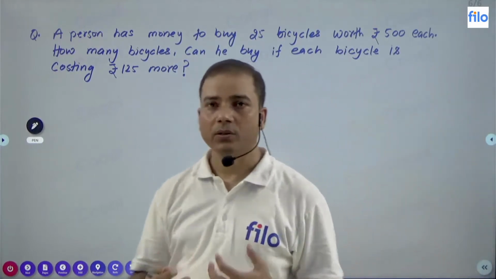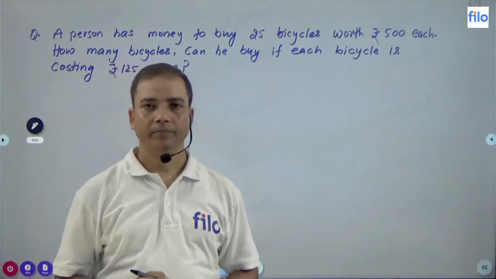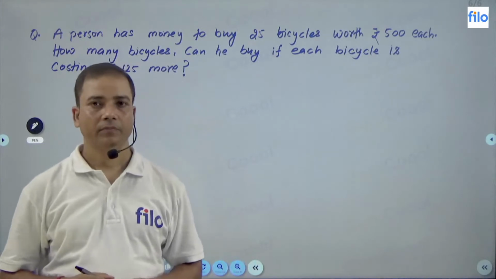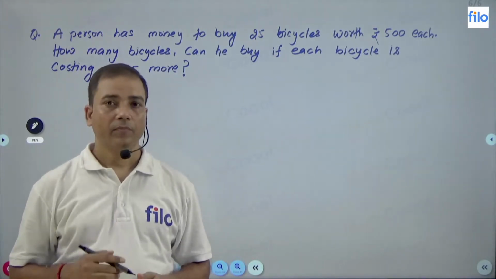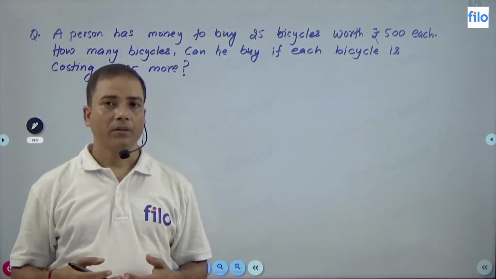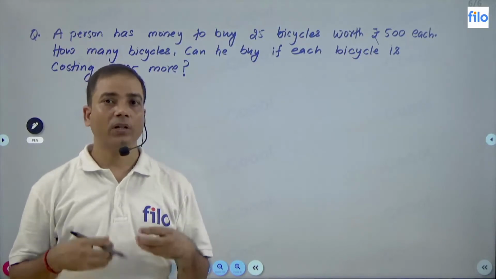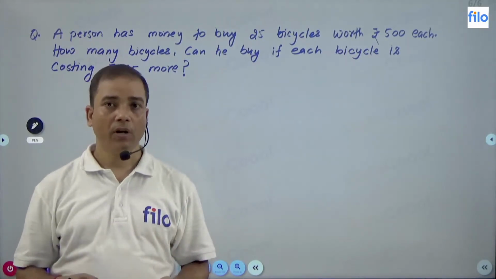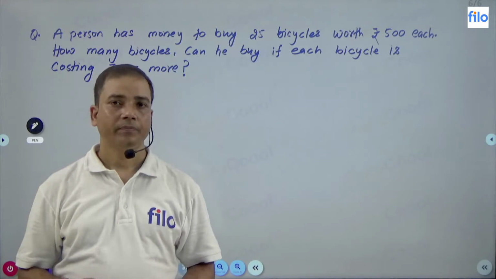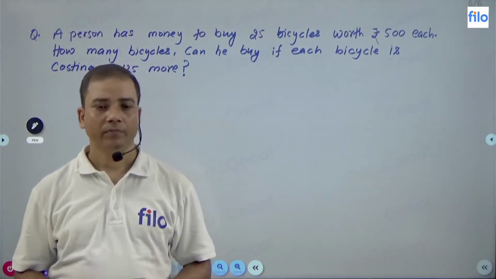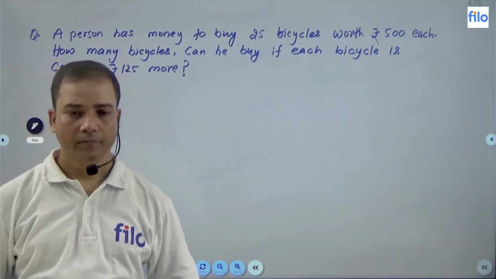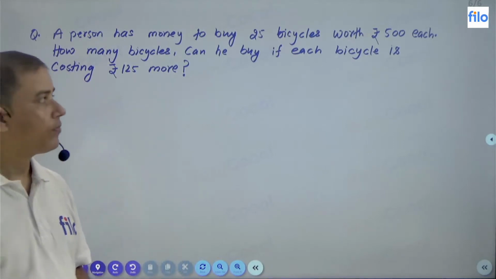How much was the cost of one bicycle earlier? Sir, 500. But now the cost of one bicycle is 125 more. What is the meaning? How much is the cost? That means 625.